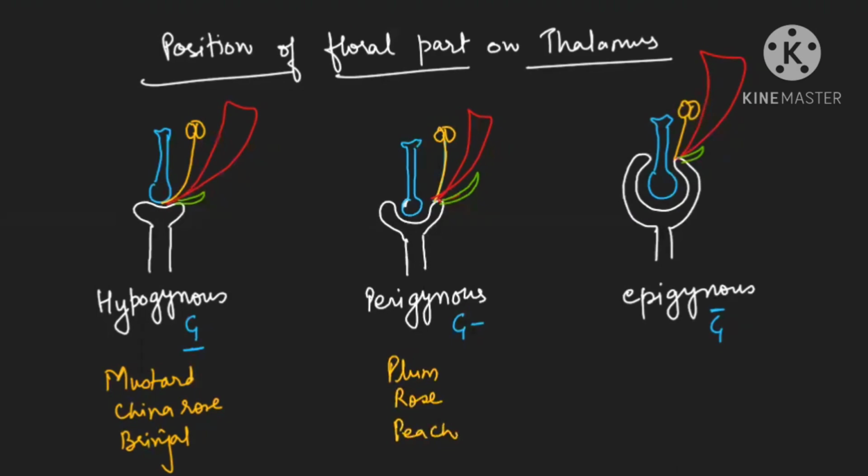Epigynous examples are guava, cucumber, and the ray floret of sunflower. So these are the types of flowers depending upon the position of the ovary with respect to the other members.